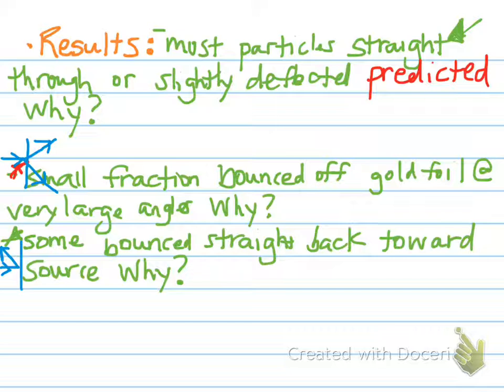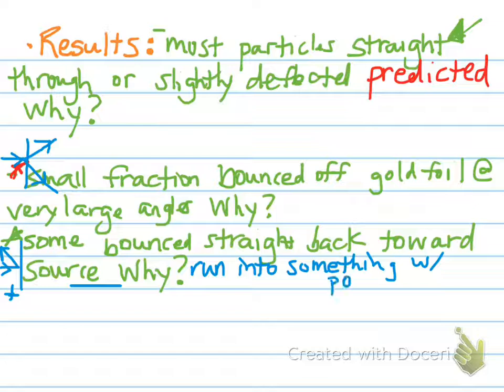So let's kind of talk about the why for why it would bounce back. Remember, I'm shooting something that has a positive charge. So if it hits it and it bounces back, then it must have run into something with a positive charge. That would explain why it might hit the gold foil and bounce back and come right back at me.